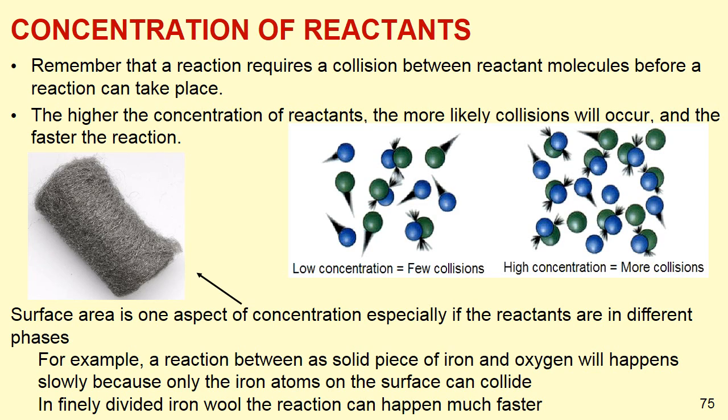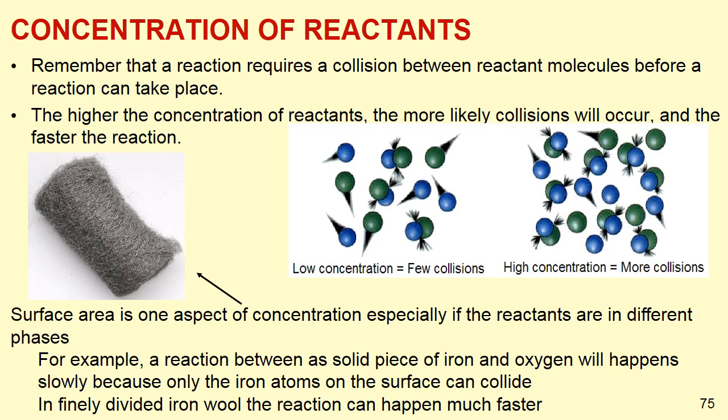This leads into the next thing, the concentration of the reactants. This can overlap with the nature of the reactants. Anyway, if a reaction occurs between two molecules, they have to collide, so the concentration can also be very important.